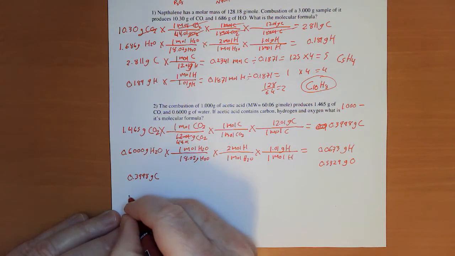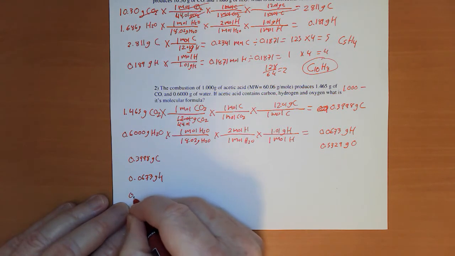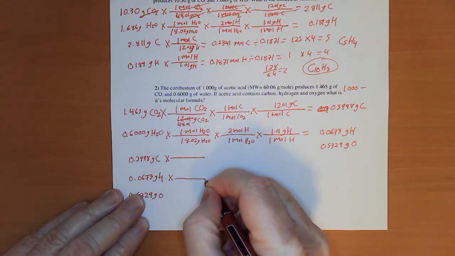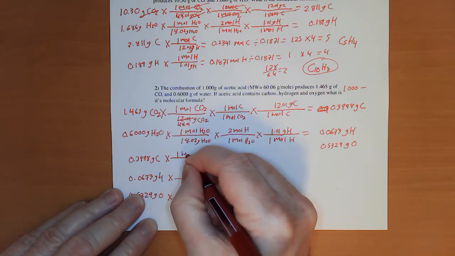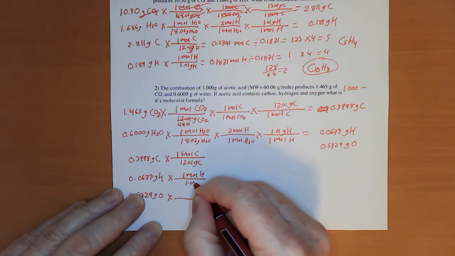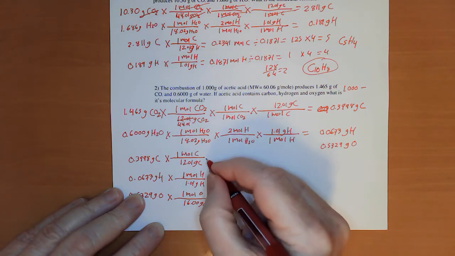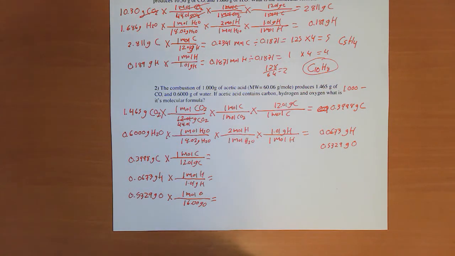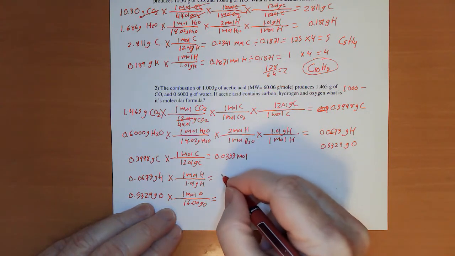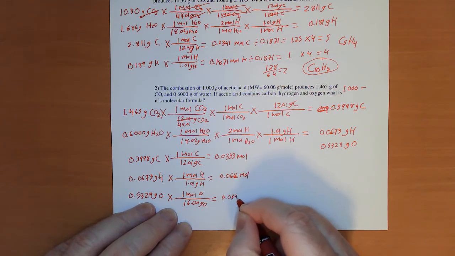So for an empirical formula, 0.3998 grams carbon, 0.0673 grams hydrogen, and 0.5329 grams oxygen times 1 mole carbon, 12.01 grams carbon, 1 mole hydrogen, 1.01 grams hydrogen, 1 mole oxygen is 16.00 grams oxygen equals 0.0333 moles, 0.0666 moles, and 0.0333 moles.